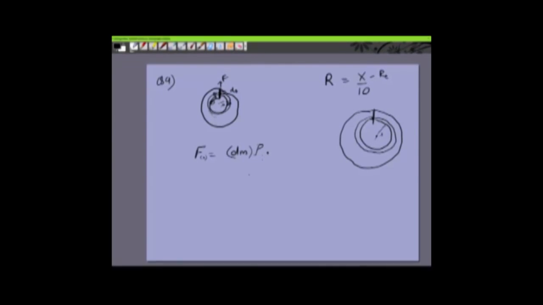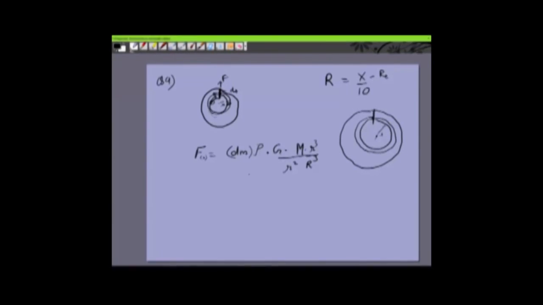So this is the mass into GM by r squared. G into the mass of this part. The mass of this part will be the total mass of this planet into r cube by R cube, and this will be divided by small r squared.